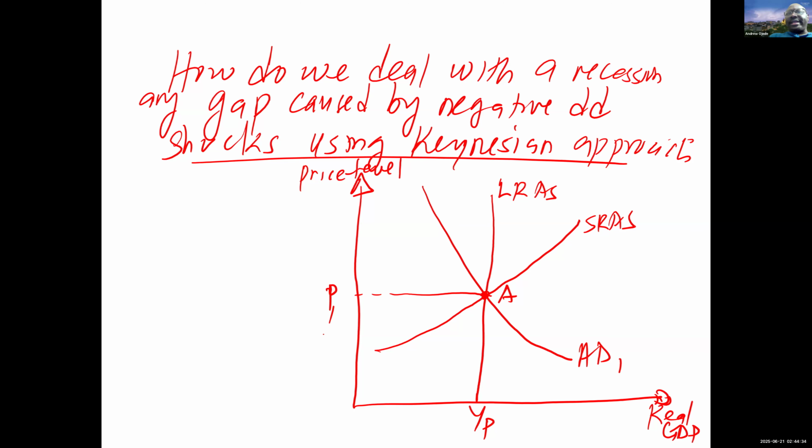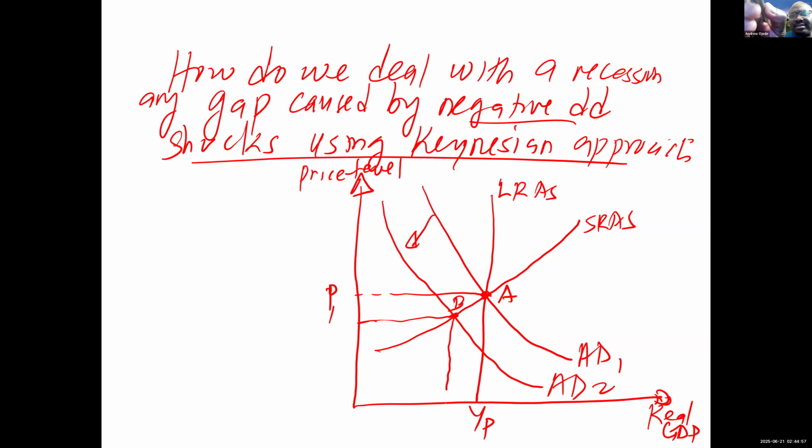So we know, okay, when the economy is hit by a negative demand shock, that's going to cause a recession. So the demand curve is going to shift to the left, AD2. That's a negative demand shock. That's going to push the macroeconomy away from its long-run stable equilibrium point A to this point B. So in the short run, we have a recession.